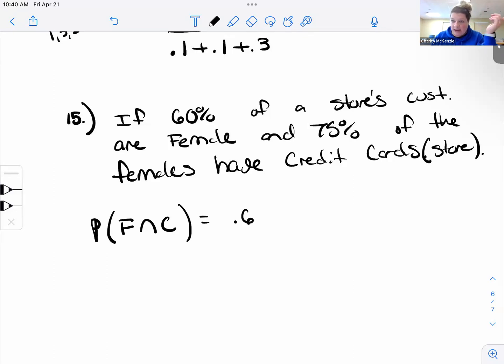And means times. This is an and. So we're going to times that by the probability of having the credit card for that store, which is 75%. Right, so that's going to end up with 0.45. So 45% of the people that walk in would be a female with a credit card for that specific store.